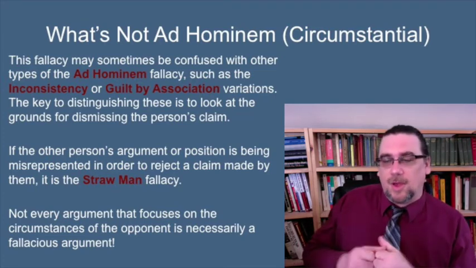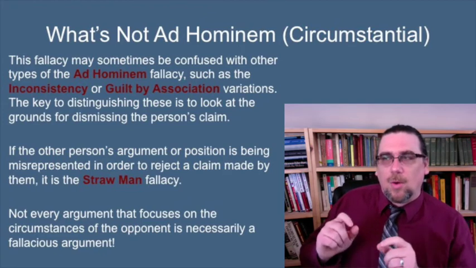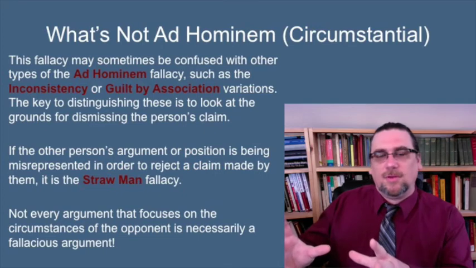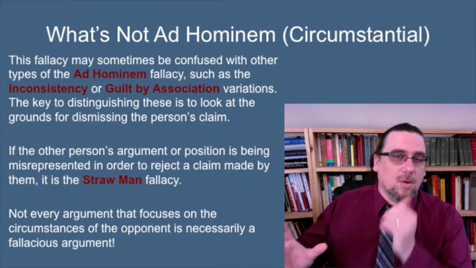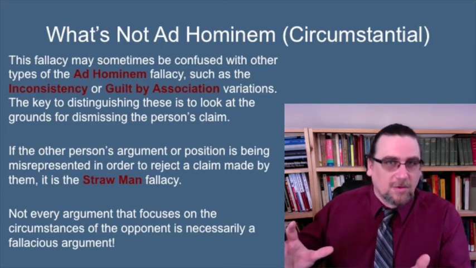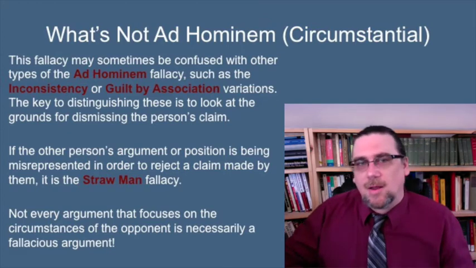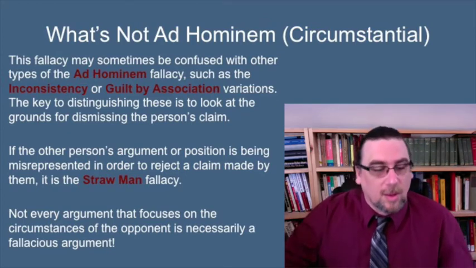With guilt by association, you're saying that because a person belongs to a group or is with other people who've made this particular claim, or who generally do things that are bad or false, we're going to not rely on them. We're going to dismiss their claims.